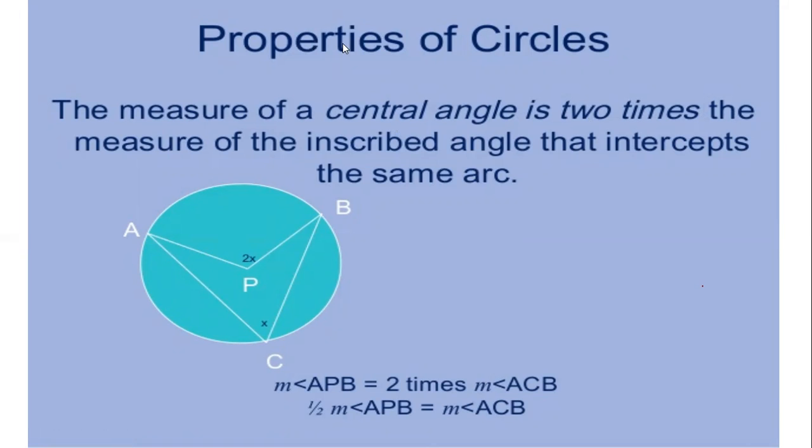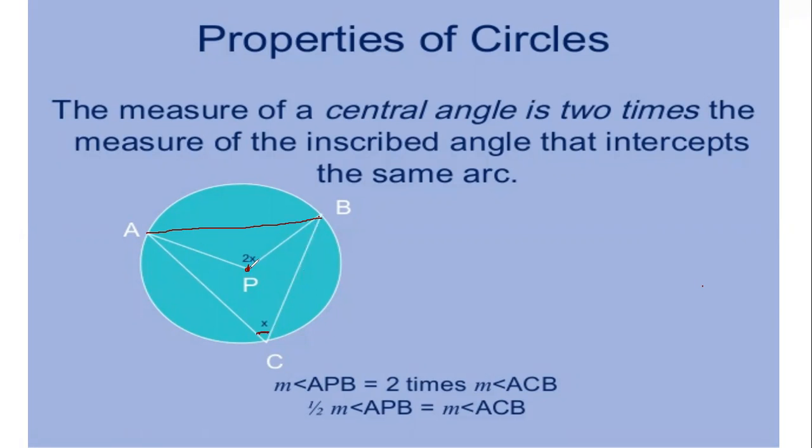That is, if you have a chord, for example, this AB here is a chord such that it subtends two angles. One of the angles is subtended at the center, meaning that AP and PB are radii, and the same chord subtends an angle at the circumference of the circle.